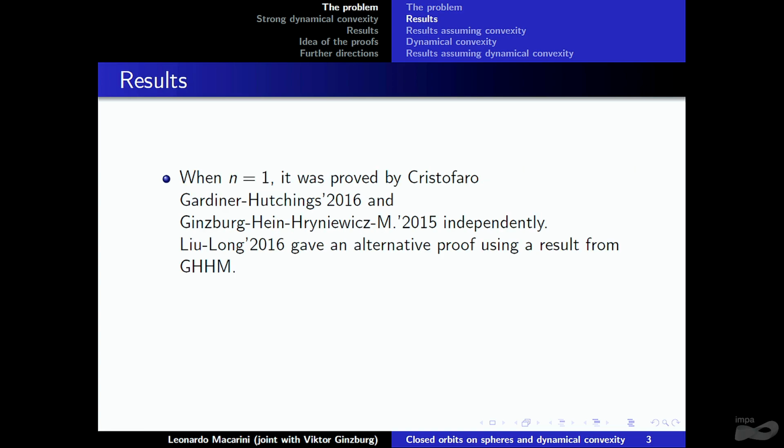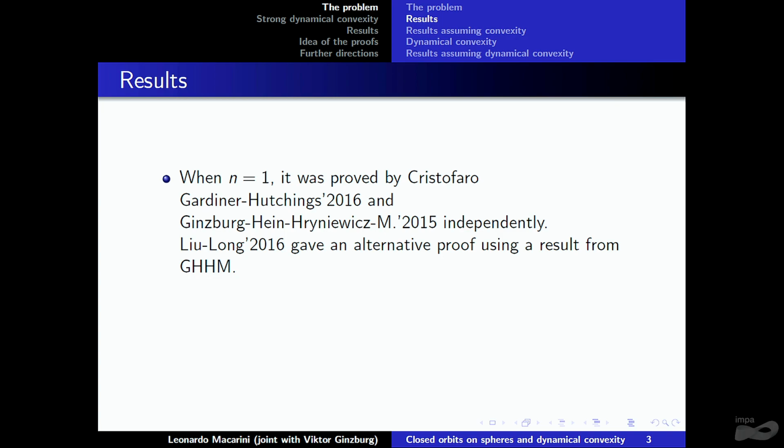Well, when n is 1, namely when the dimension of the sphere is 3, this is known. It was proved first by Cristofaro-Gardiner and Hutchings, and the paper was published in 2016. And in a joint work with Victor Ginzburg, Doris Hein, and Umberto Hryniewicz, we proved this independently.